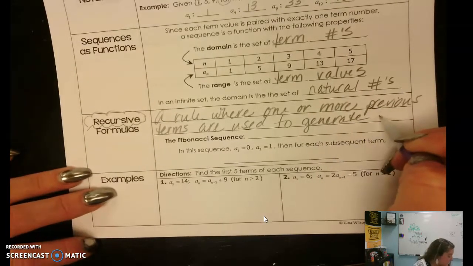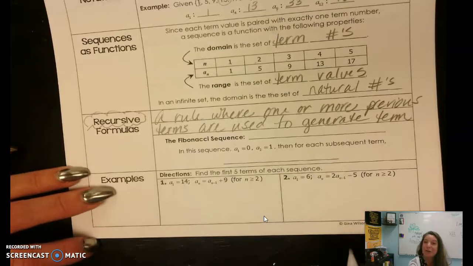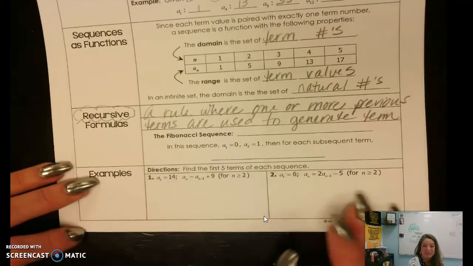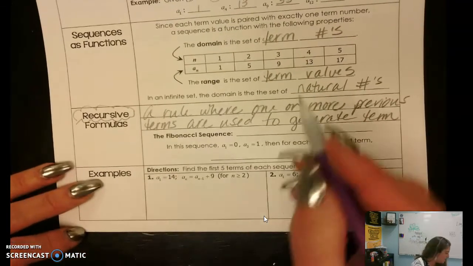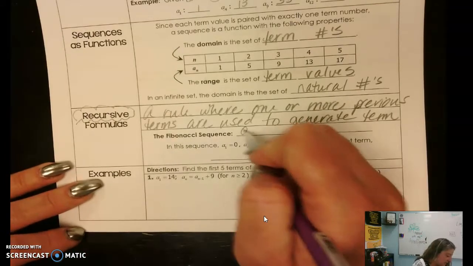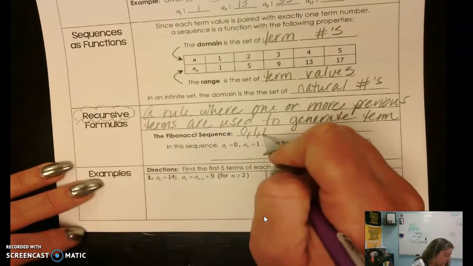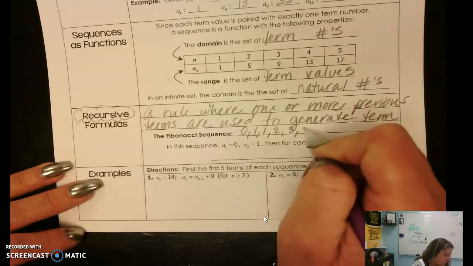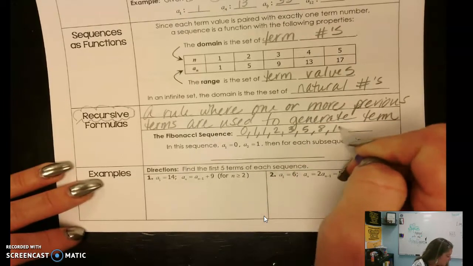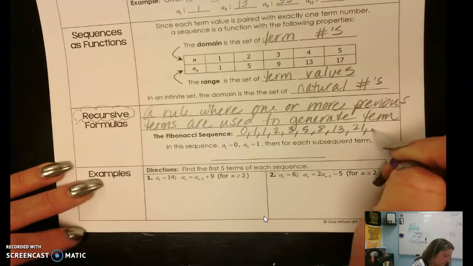The Fibonacci sequence, I don't know if you've heard of Fibonacci numbers, such a cool thing, and they show up so many times in nature. The Fibonacci numbers look like this: 0, 1, 1, 2, 3, 5, 8, 13, 21, and so on.